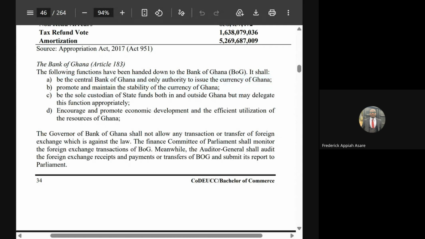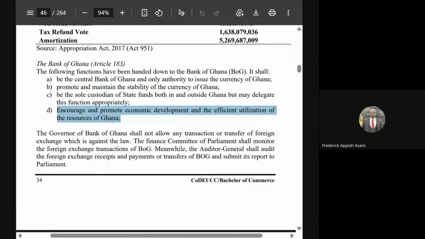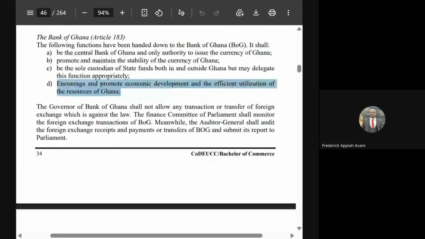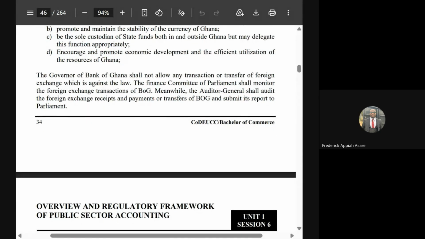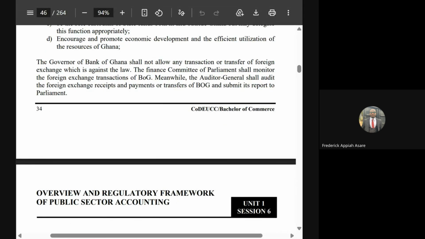They have to promote and maintain stability of the currency of Ghana. And they have to also be the sole custodian of state funds, both in and outside Ghana, but may delegate this function appropriately. They encourage and promote economic development and the efficient utilization of resources. So these are the main functions of BOG in relation to the public fund or public sector accounting.